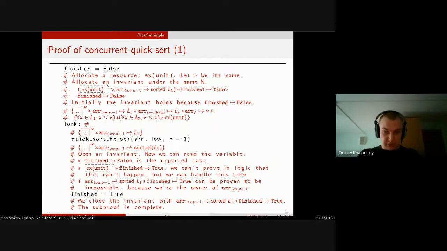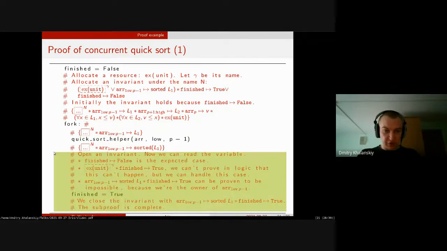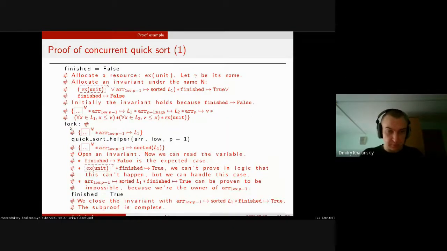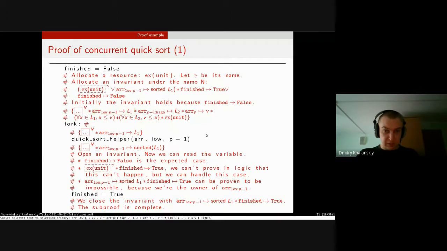So let's look at why the behavior of the forked off part is sensible. Initially, we only pass the relevant knowledge needed for the recursive call and the invariant to the forked off thread. It just doesn't need anything else.